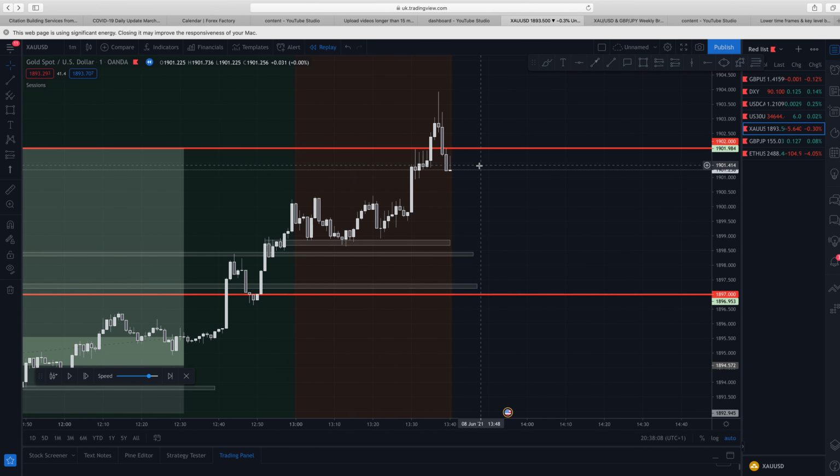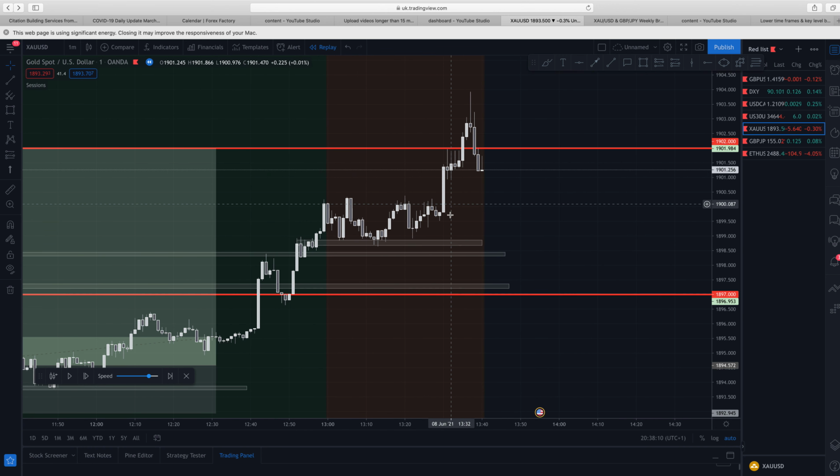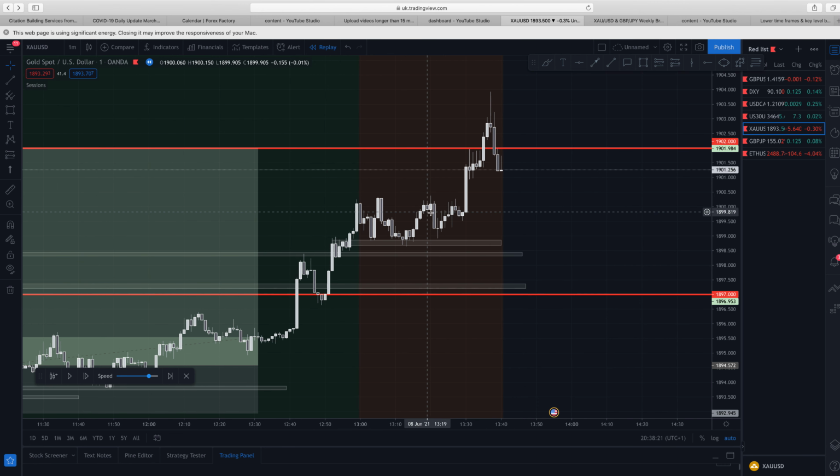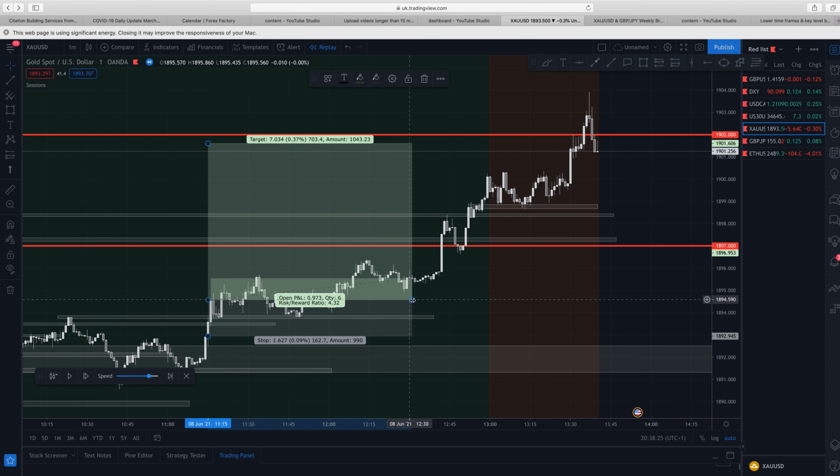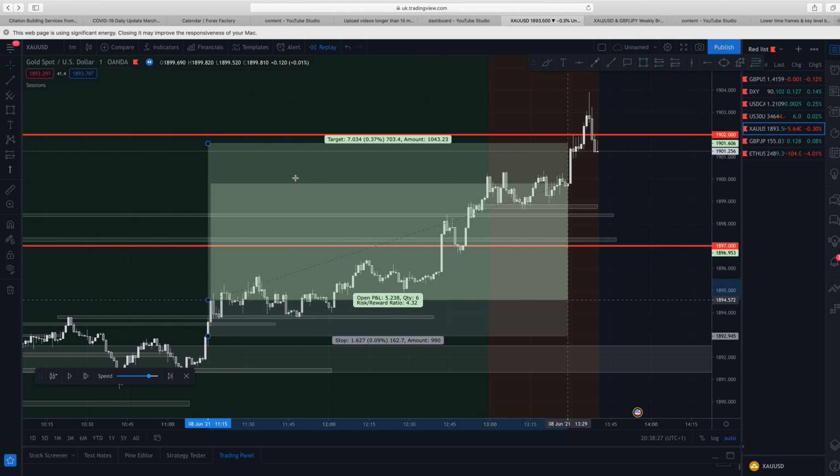Also, this is the main reason. You've got a new 30-minute open here, 130 candle, and if I was sat here at the 130 candle, I'd maybe just take my position there.